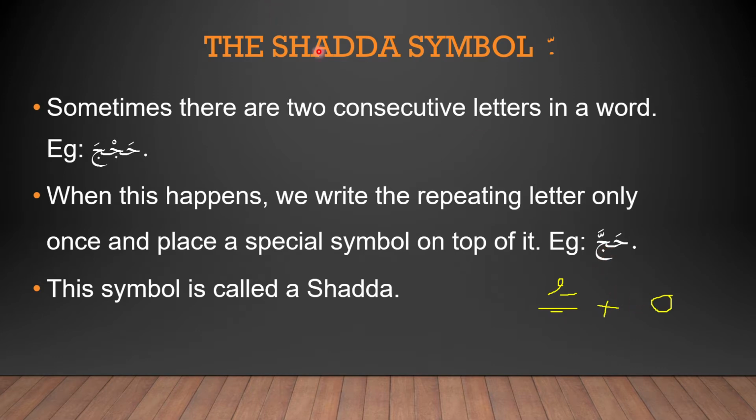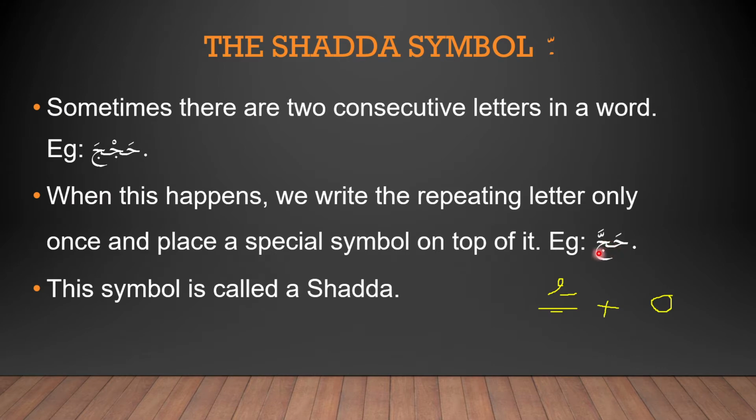So Shadda is sort of a bridge. It connects syllable type 3 to syllable type 1. This is why Shadda is known as a bridge symbol. As we can see in the example here, it is Ha Fatha, till here syllable type 1. But then Jim comes and with it there is a sukun.